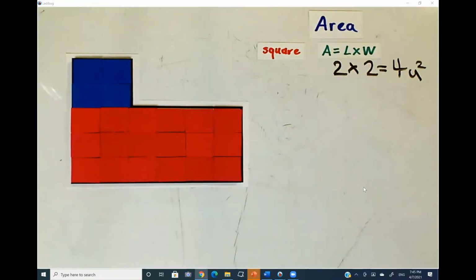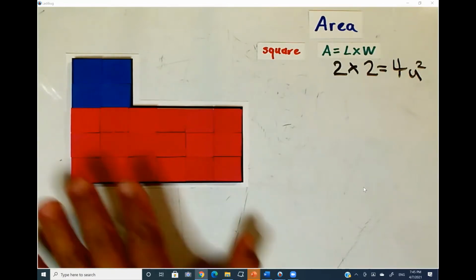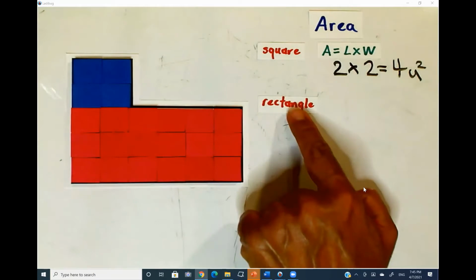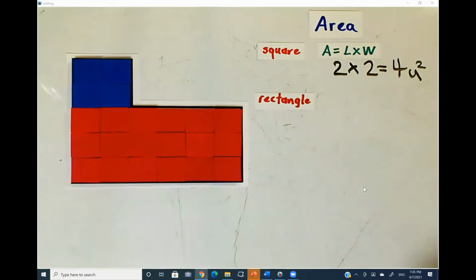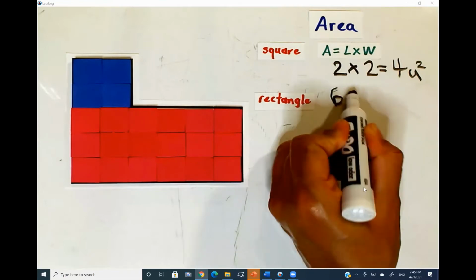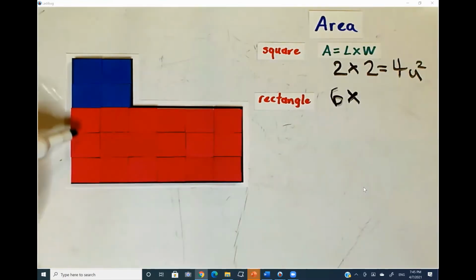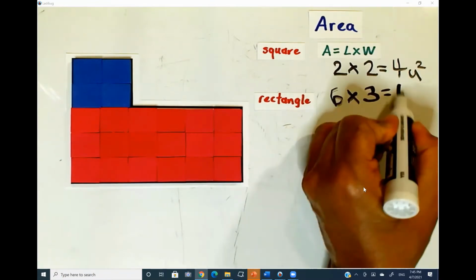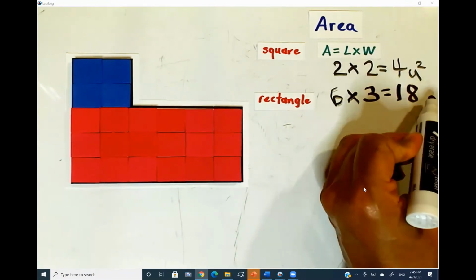Now I'm going to do the area of the red rectangle. And I notice that the length is 6 units times 3 units wide. So that's going to make 18 square units.